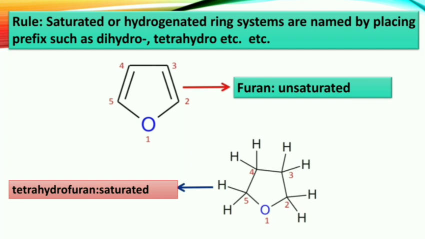So you have to use the prefix for the structure, which will be tetrahydrofuran. Hydrogens in this ring there are 4, so tetra is the prefix used for this structure, so you can give the numbering and naming for the structure in such a way.